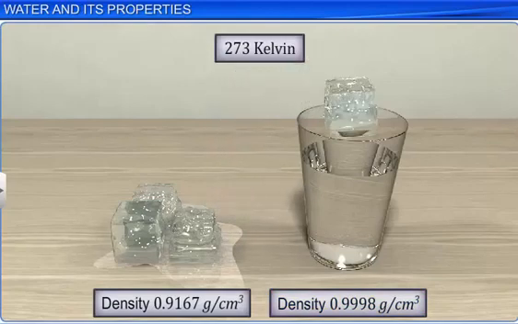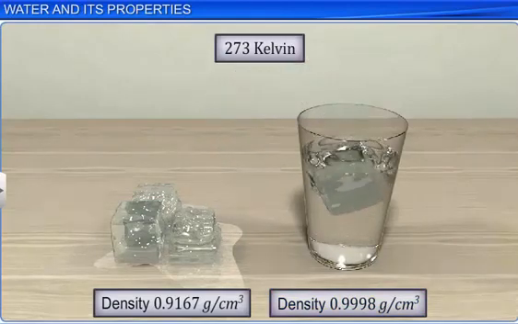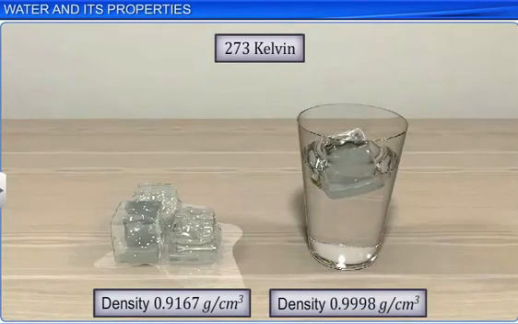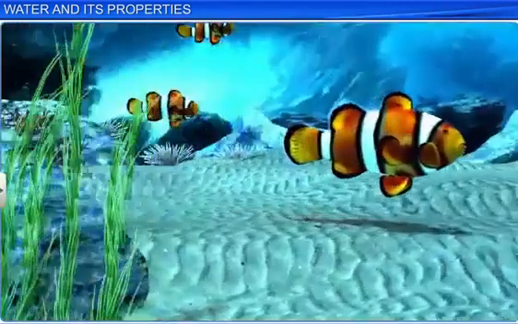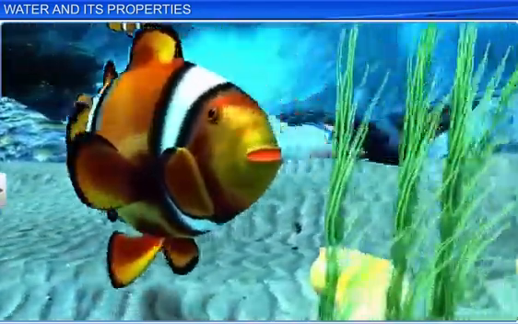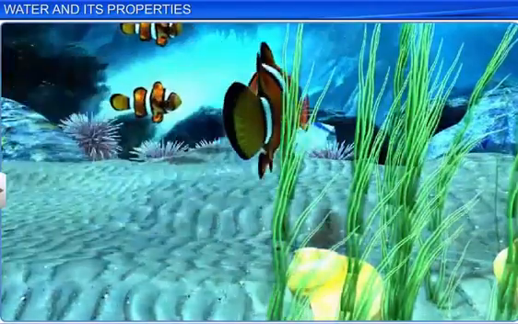In winter, the frozen ice on the surface of the lakes provides thermal insulation and is important for the survival of aquatic life.